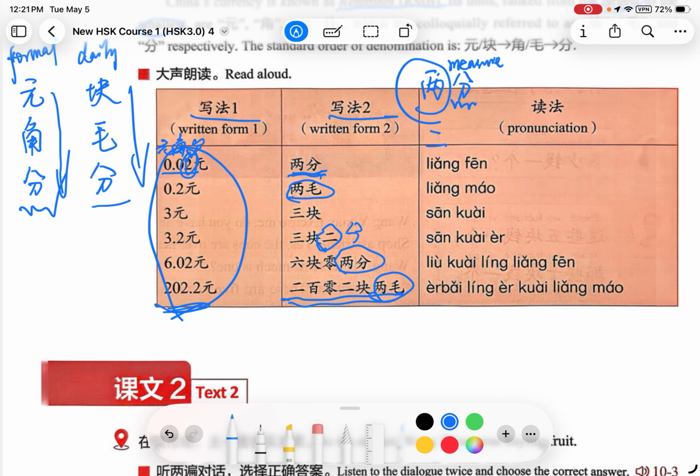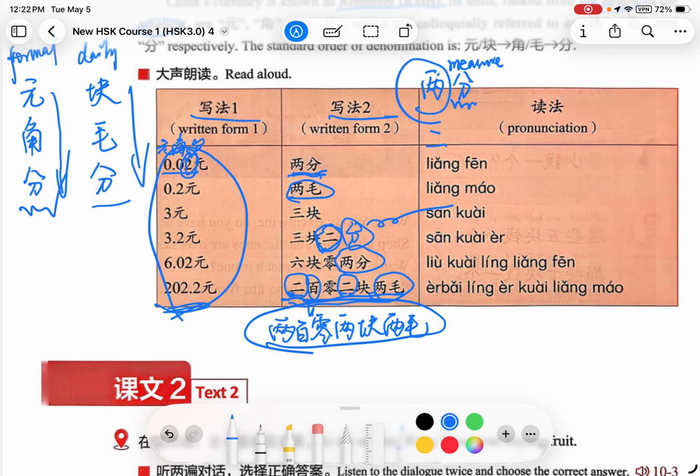we don't have 分 at the end, so it's 2. Like this 200. It's not measured, so it's 200. But this one, okay, so this one can also use 200. 2块2毛. You can use it, okay?